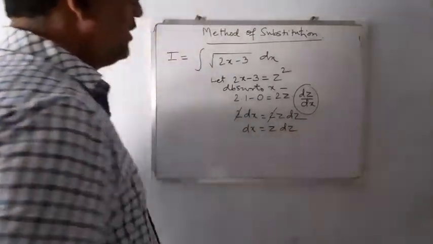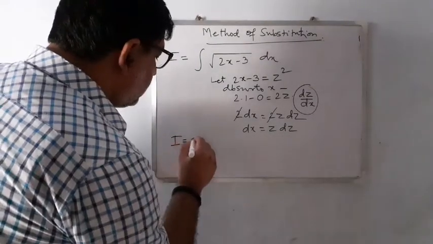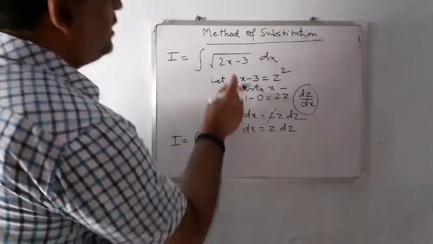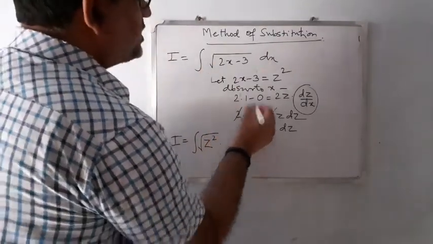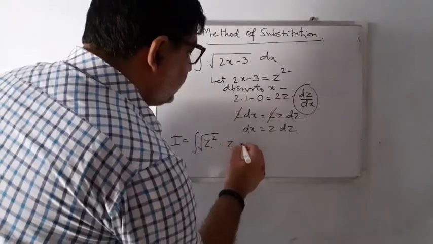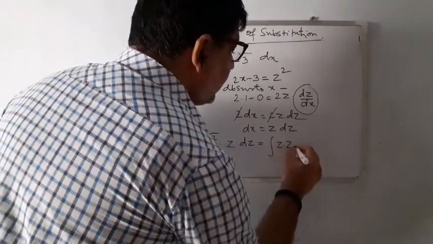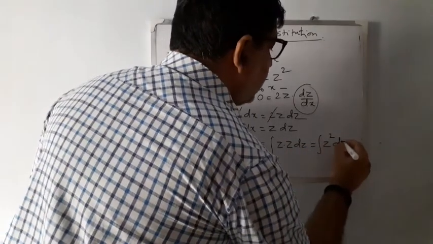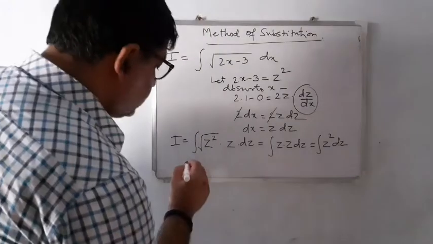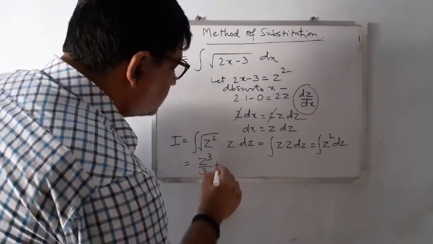Now what happens to the integration? I = integral of root(z square) into, instead of dx you should write z dz. So integral z into z dz, that is integral z square dz, and further you will get z cube by 3 plus c.